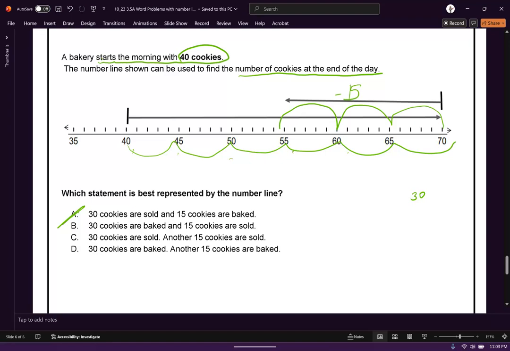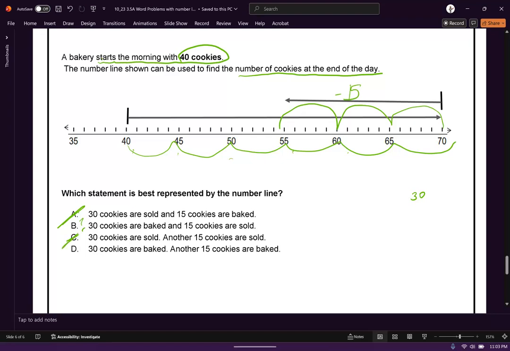If they're sold, it's taking away from our total, so the arrow's going to go in the opposite direction, and it's 5, 10, 15. So the answer may be B. C, 30 cookies are sold. No, 30 cookies were not sold. 30 cookies were made. If it was 30 cookies sold, then it would be going backwards 30.